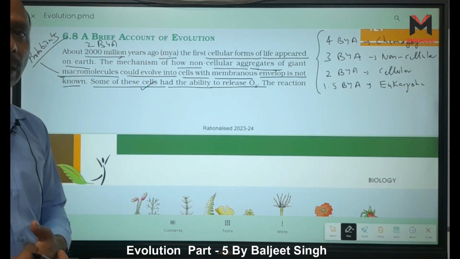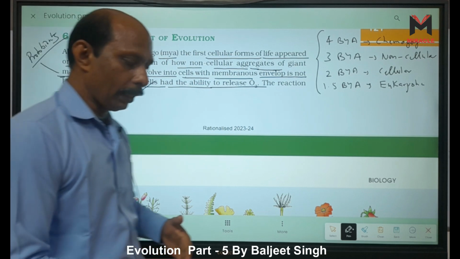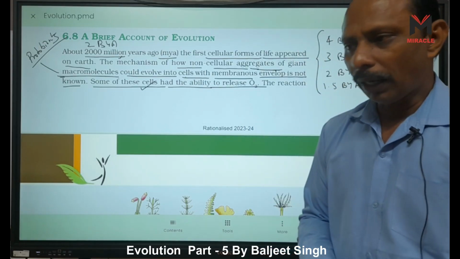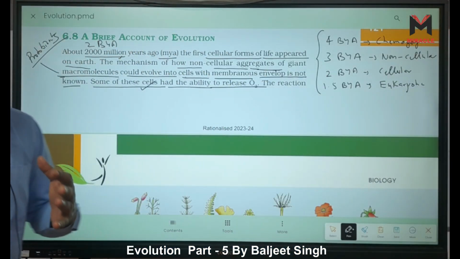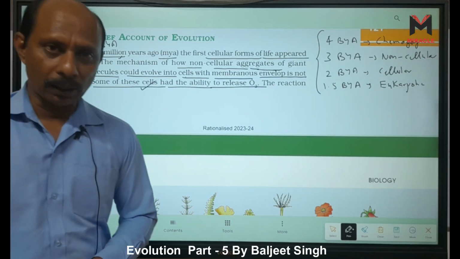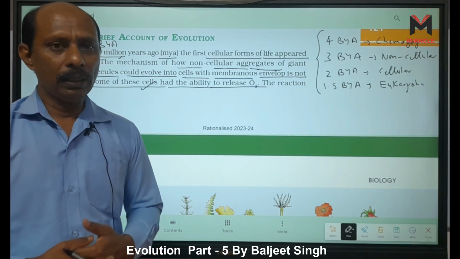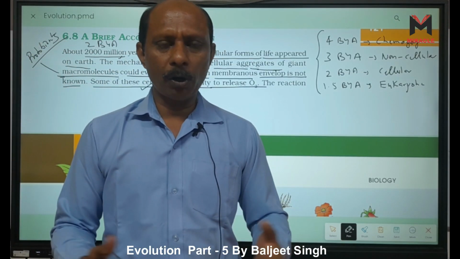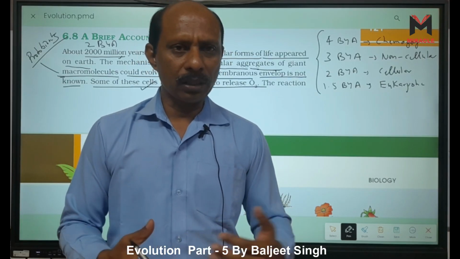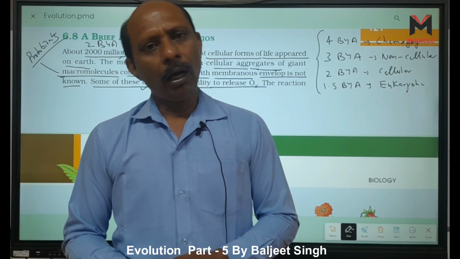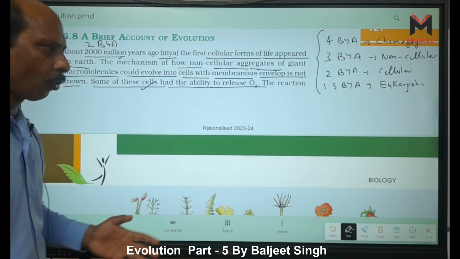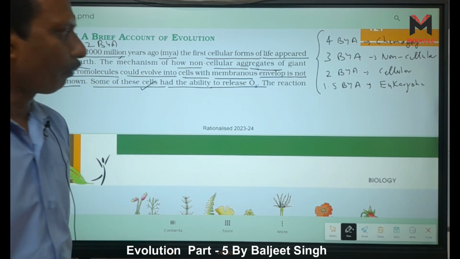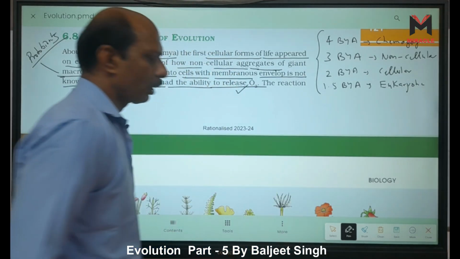So due to the mutation in their RNA, and also due to the mutation in their bacteriochlorophyll, what happens? They use water as a hydrogen donor. Initially they never used that. They used hydrogen, as for example sulfur bacteria use hydrogen sulfide, H2S, as the hydrogen donor. But due to the mutation in their bacteriochlorophyll, they use water as a hydrogen donor in photosynthesis. Then from water, oxygen is released.